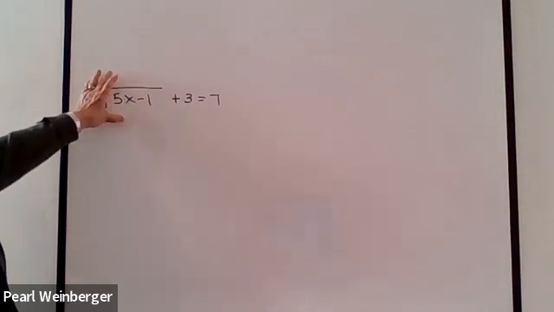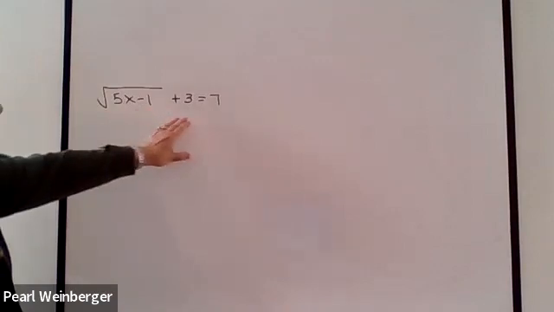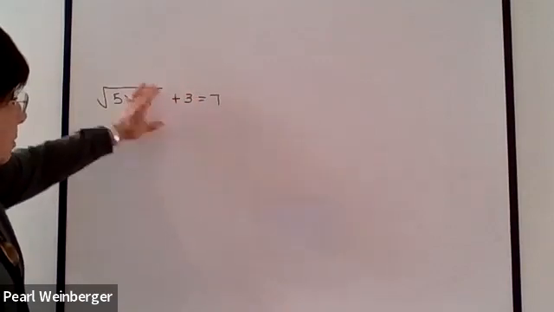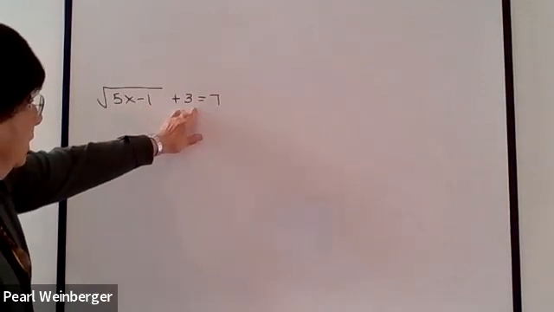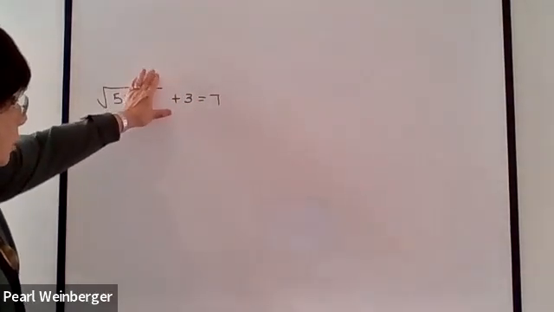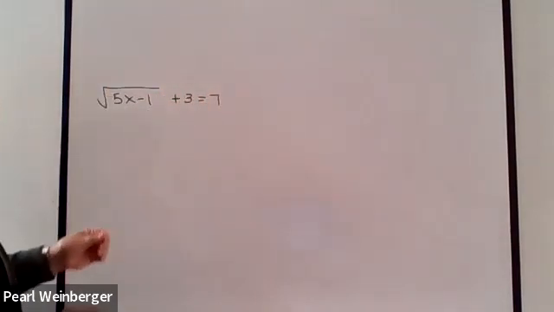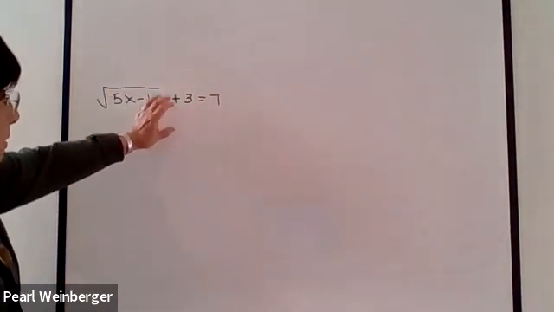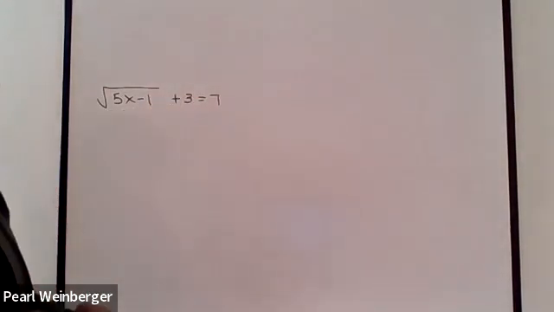Now, if we notice, we have a radical in this equation, but the radical is not by itself on this side. There's something outside the radical. I don't care about this, but there's a number 3 that's not. Now be careful when you write these things that you don't make this line go too long so it looks like the 3 is in the radical. The 3 is not in the radical. The first thing I have to do is isolate that radical.